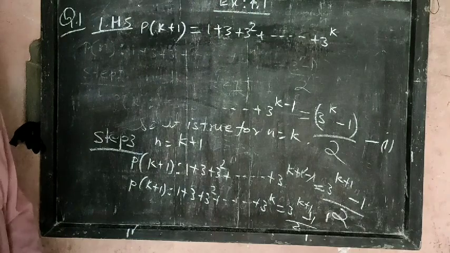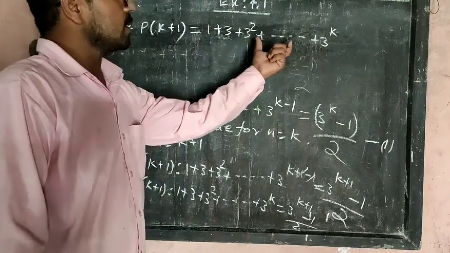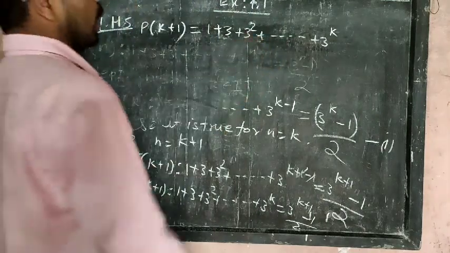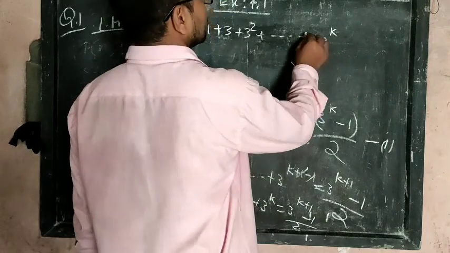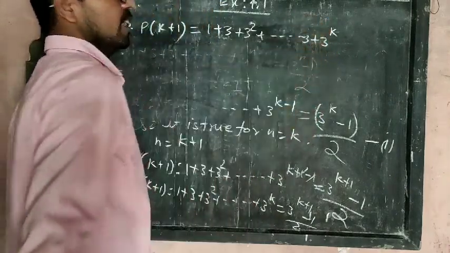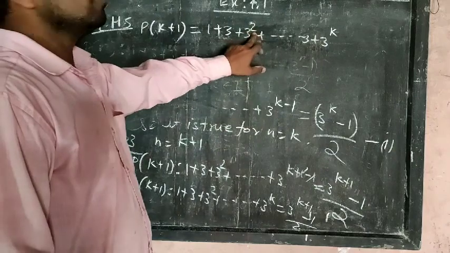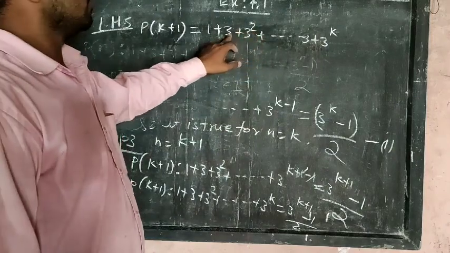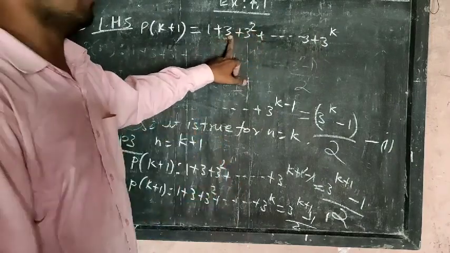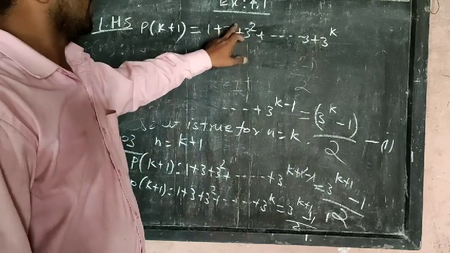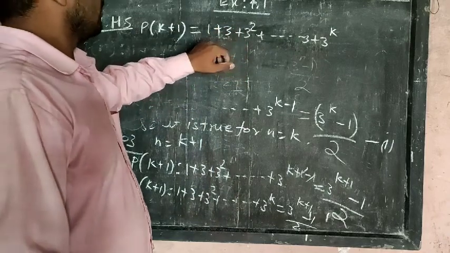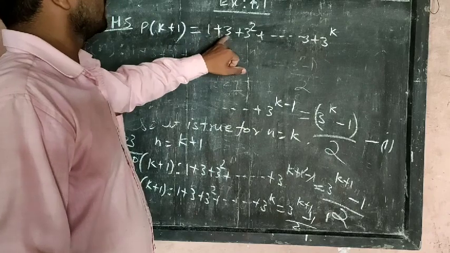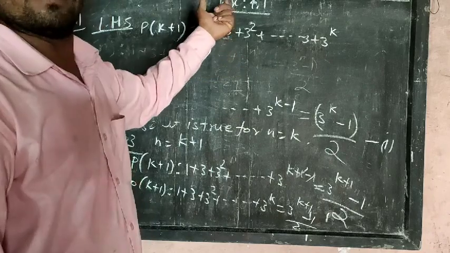So now students, this is the LHS we have got here. Now we want to find out, before this term 3 to the power k, what the preceding term is. Suppose we have 3 to the power 2, subtracting 1 gives the preceding term, 3 to the power 1. And before that, 3 to the power 0, whose value is 1.